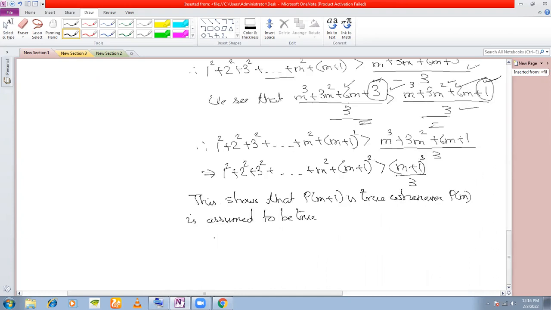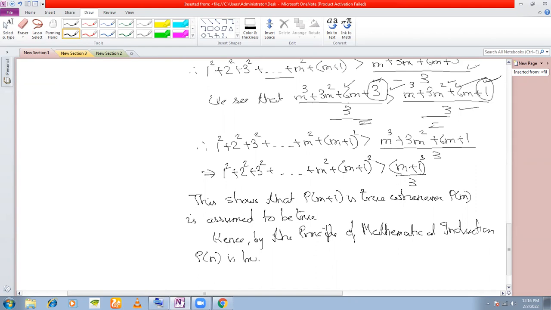Hence, by the principle of mathematical induction, Pn is true for every natural number n. That's it. And that is the end of your syllabus.